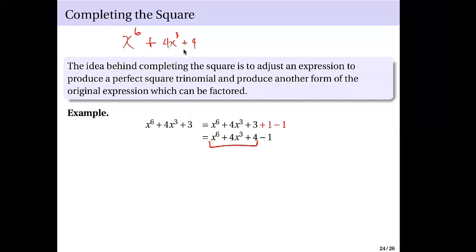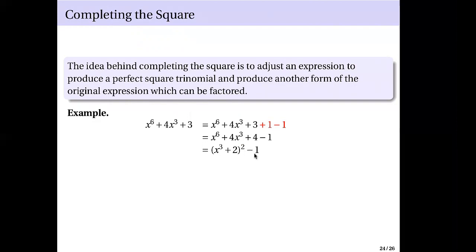And when you do that, you will get x cubed plus 2 quantity squared for this part. And then there's the minus 1 here. So again, difference of two squares.